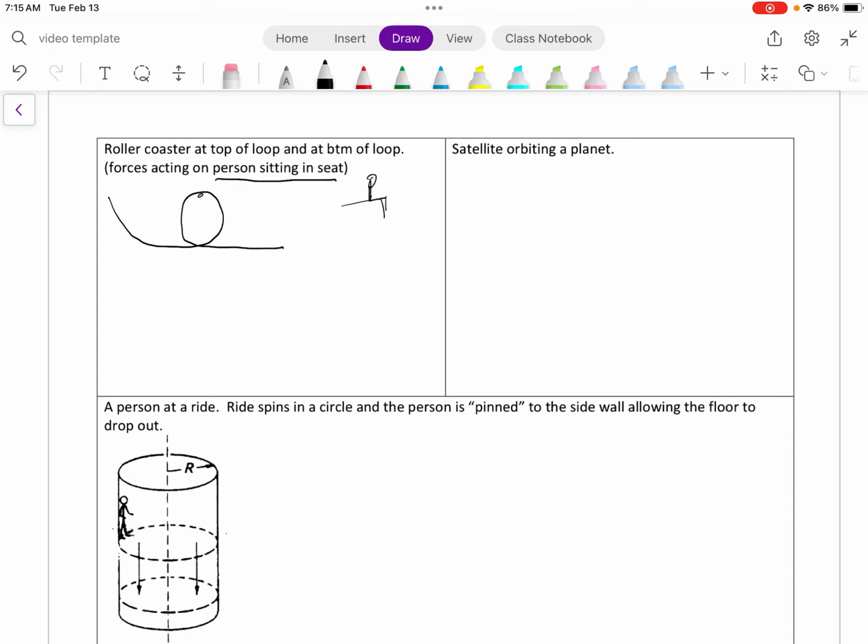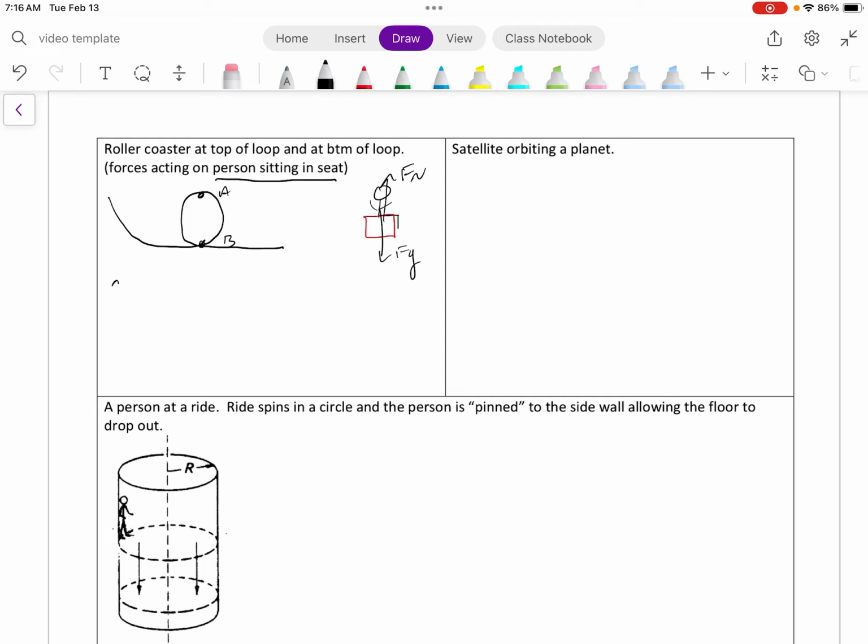So I'm going to either be at the top, A, or at the bottom, B. This person is sitting in the roller coaster on a seat. So there is a force normal pushing on the person in what I have shown here, and a force of gravity in what I have shown here. Now I've got to think about it at point A and B.